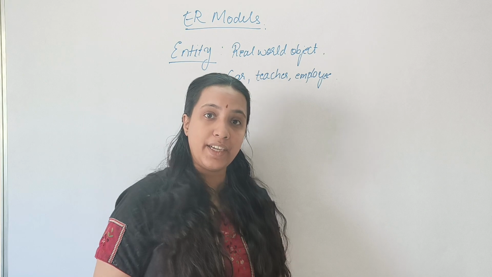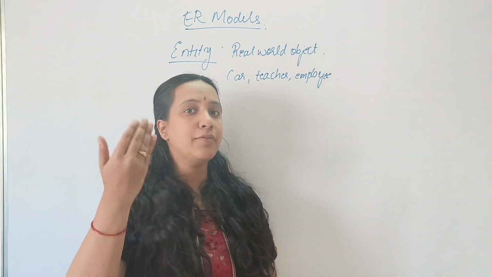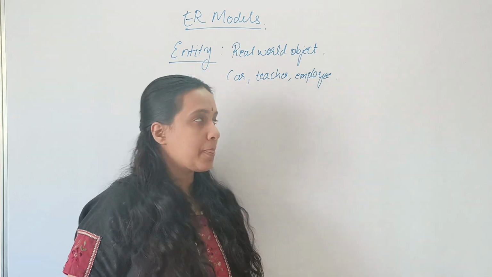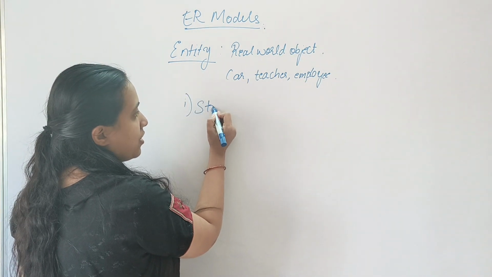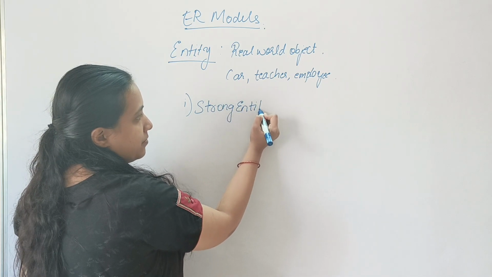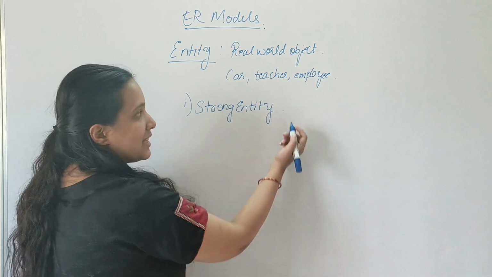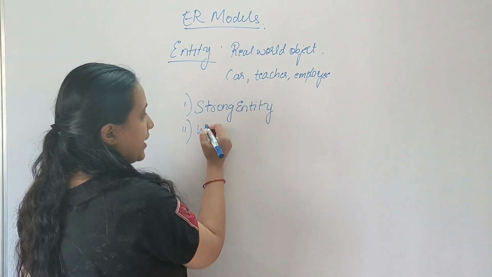So now you know what an entity is, what a relationship is. Now let us understand the different types of entities. The first type of entity is the strong entity. The second type is, you can guess it, the weak entity.